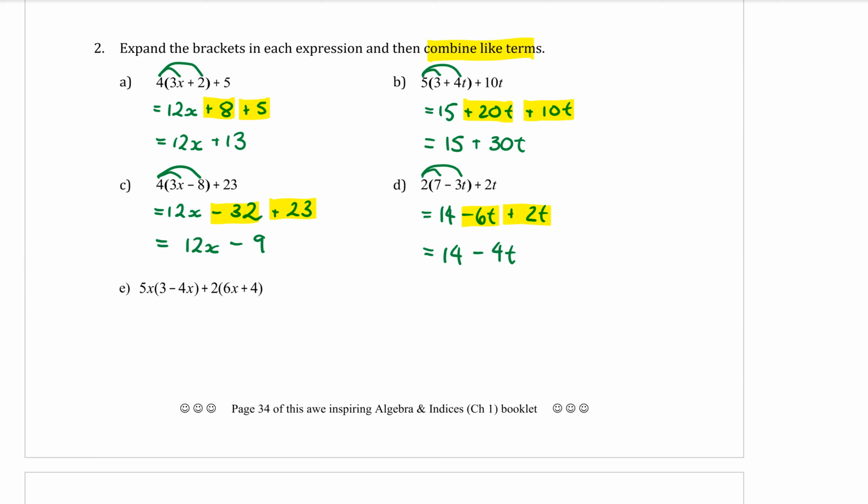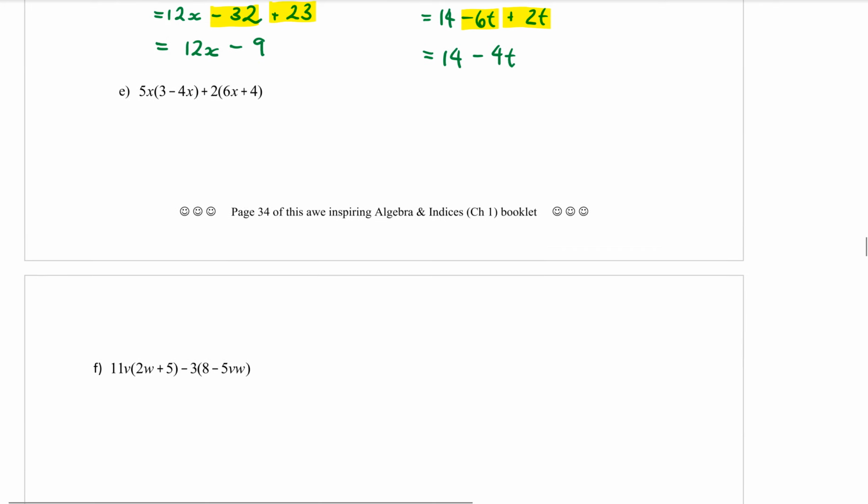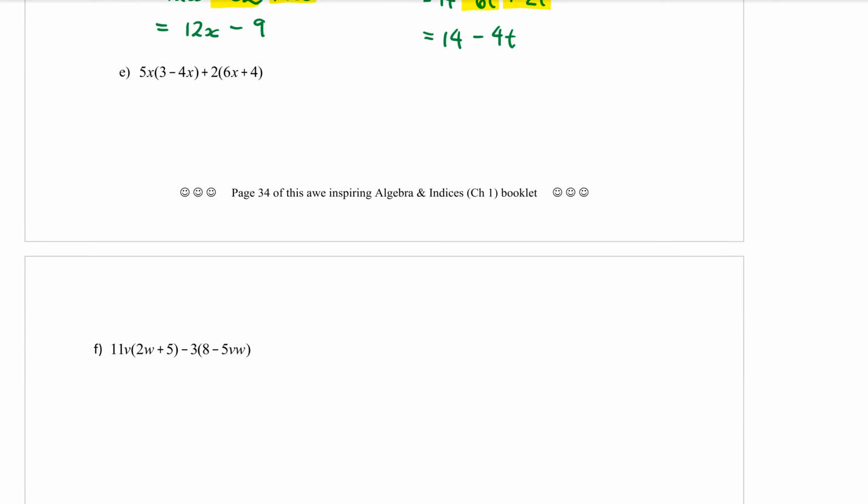All right, E. We're getting a little bit harder again. We've got 2 brackets. That's okay, you can handle it. You just got to do one at a time. So 1 bracket, the first one. 5x times 3. 5 times 3 is 15x. Then a minus sign. 5 times 4 is going to be 20.